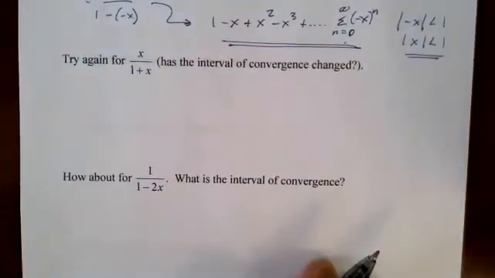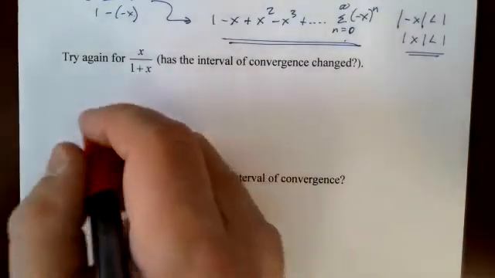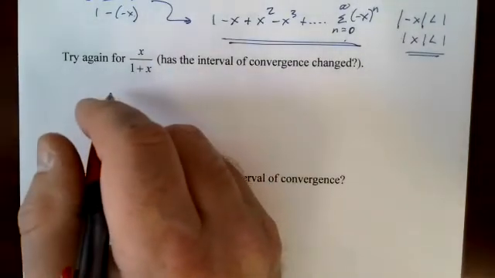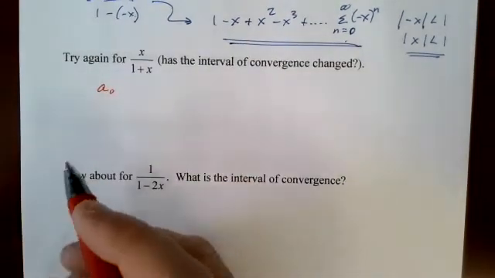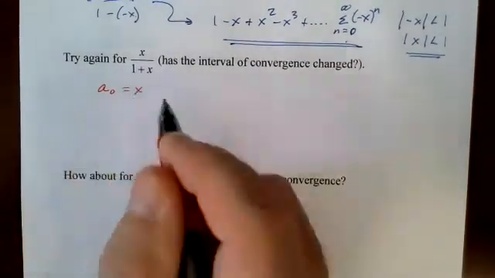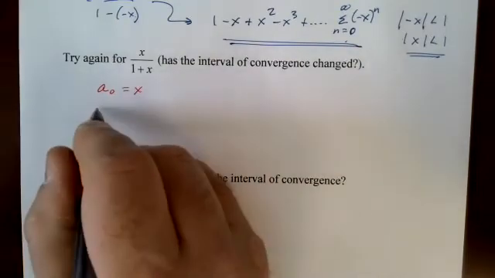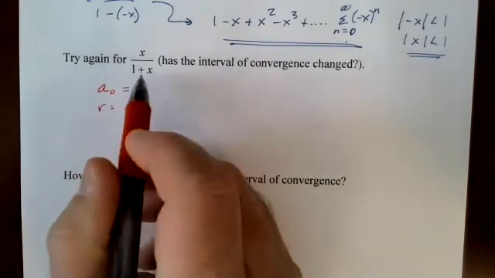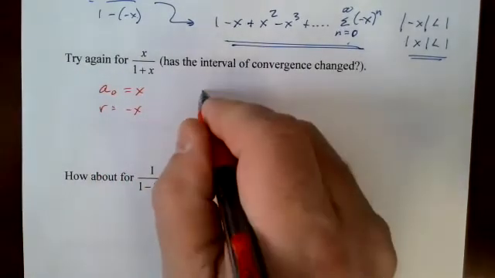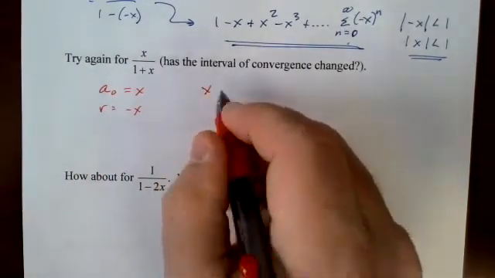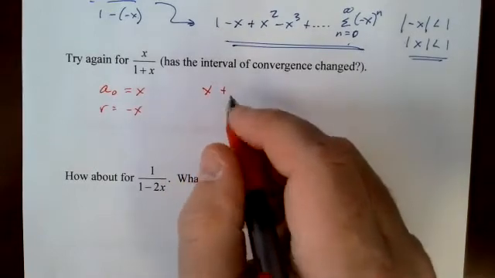Okay, that was weird. All right, what's our original value here? Well, what do you want to call it? A naught, C naught? Who cares? I'll call it A naught. Yeah, but the previous page had C. Don't worry about it. It's x, and then the r value is negative x, because that's negative, negative. We've seen that trick before. So the first term would be x, and then we would say times negative x.